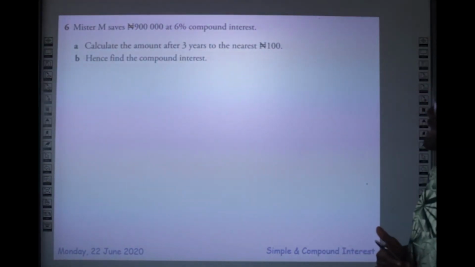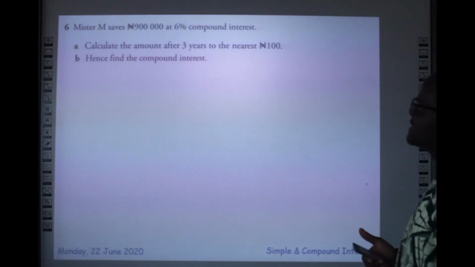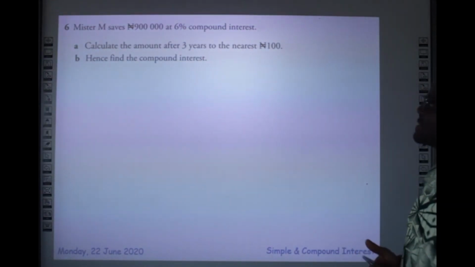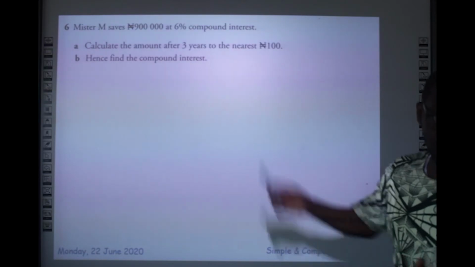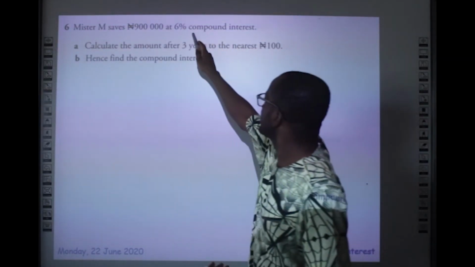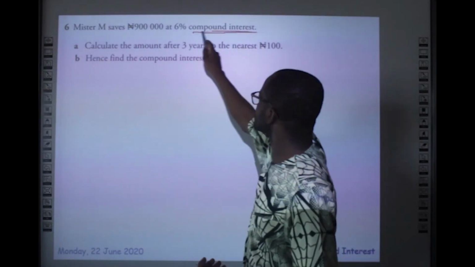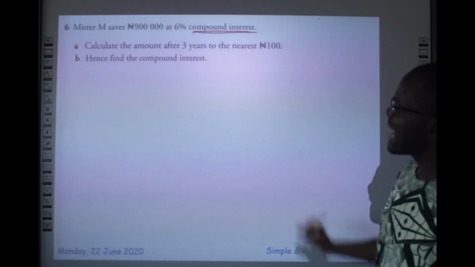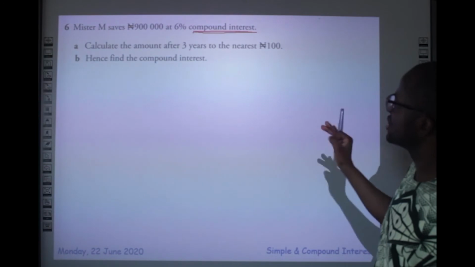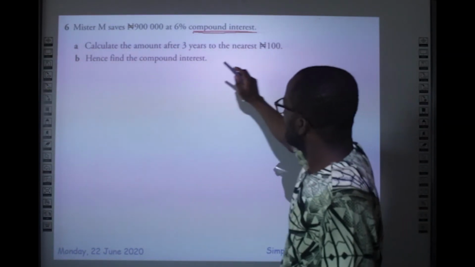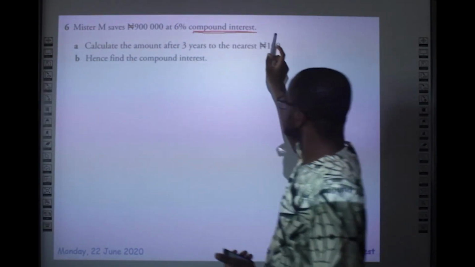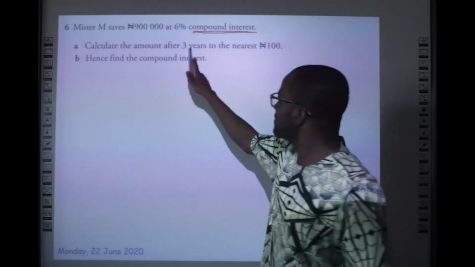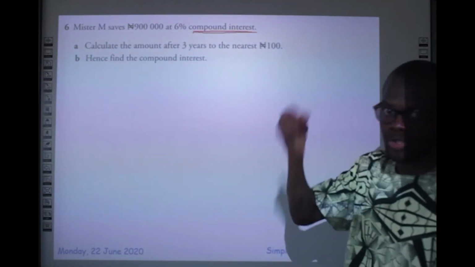Mr. M saves 900,000 naira at 6% compound interest. So you've been told from the start here, it's compound interest. And then for A, you're asked to calculate the amount after 3 years to the nearest naira. So we're going for 3 years here, not 2 years.